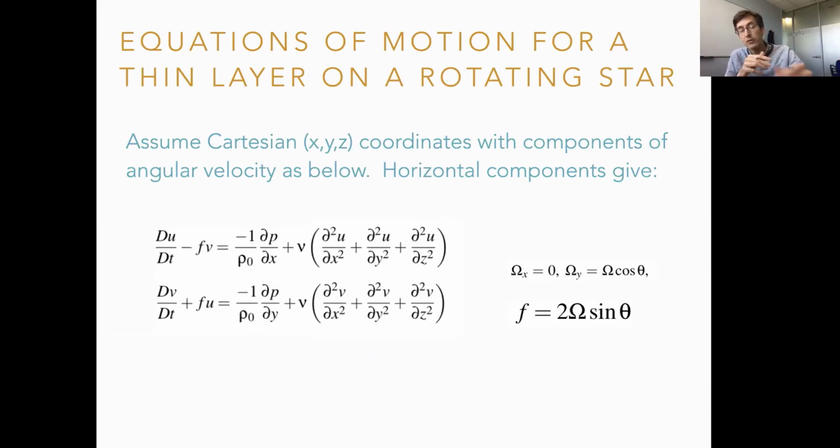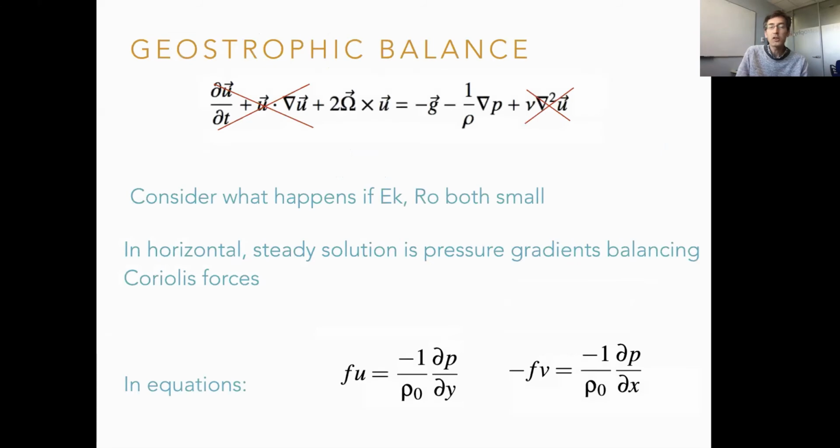The Coriolis term here I've written in terms of this Coriolis parameter f. The top equation is the x component of the momentum equation, and the bottom one is the y component of the momentum equation for the y velocity v. I'm suppressing the vertical coordinate for now, so we're just talking about the horizontal balance. Let's suppose now that the Rossby number and the Ekman number of the flow are both small, and think about steady solutions.